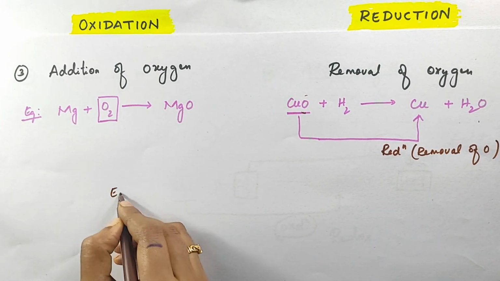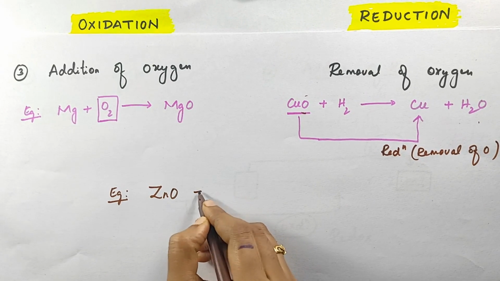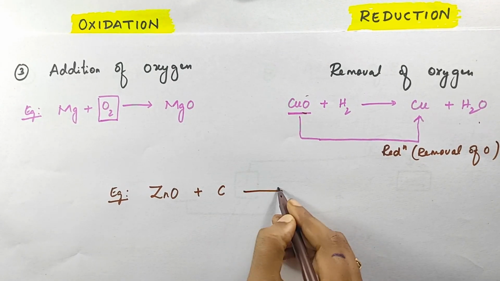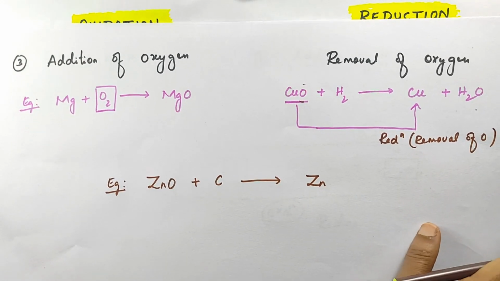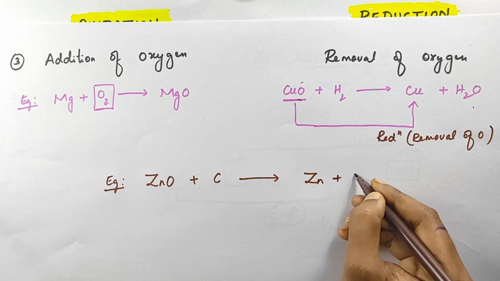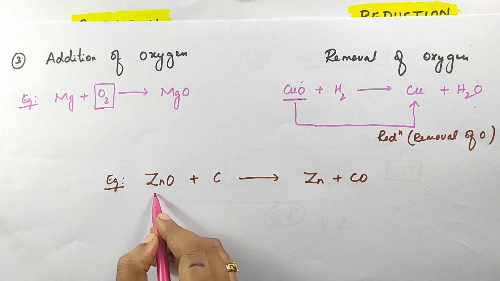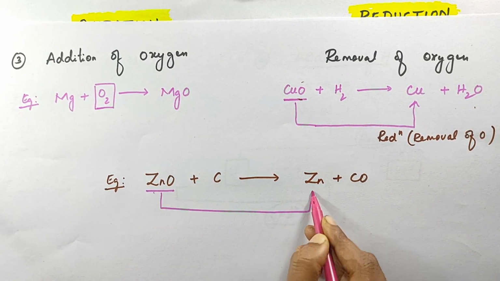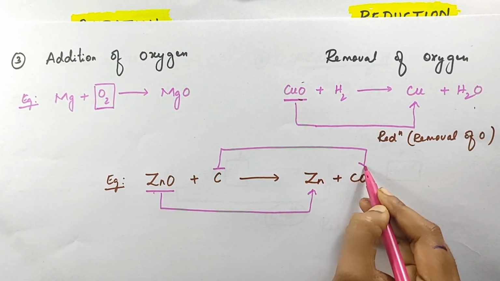One more example I'm going to give you is zinc oxide plus carbon, converted into zinc plus carbon monoxide. Observe this reaction. Zinc oxide is converted to zinc and carbon is converted into carbon monoxide.